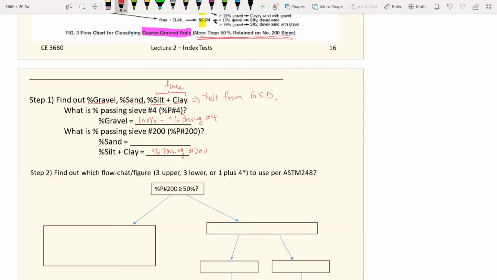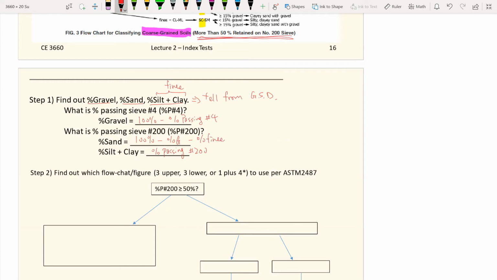Percent sand is a bit trickier, but once you know the percent gravel and the percent fines, percent sand equals 100% minus percent gravel, minus percent fines.